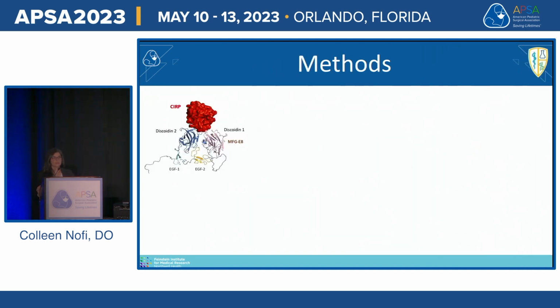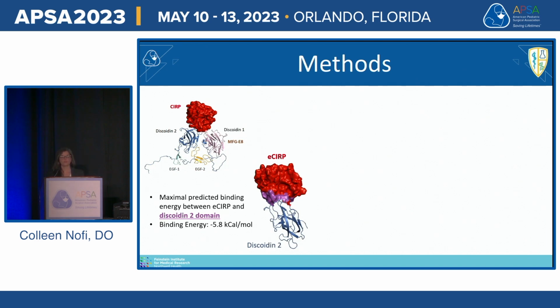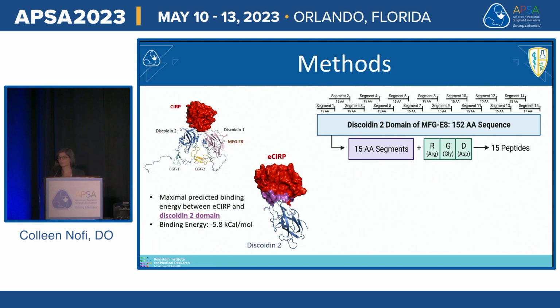We started by utilizing computational modeling to determine the likely interaction site between ECRP and MFG-E8. We determined that this interaction likely occurred at the discoidin 2 domain of MFG-E8. We then took the known amino acid sequence of the discoidin 2 domain and fractioned it into 15 amino acid long segments. These were designed to interact with ECRP.